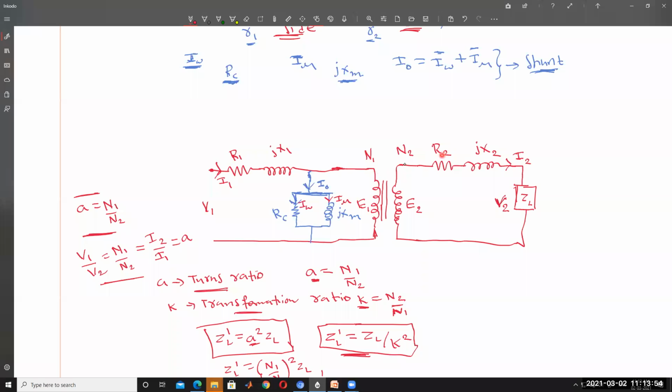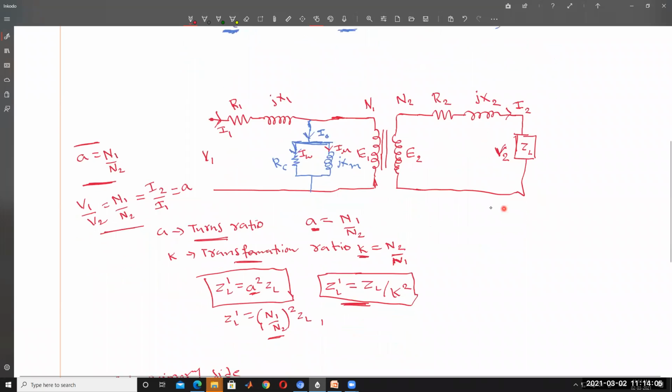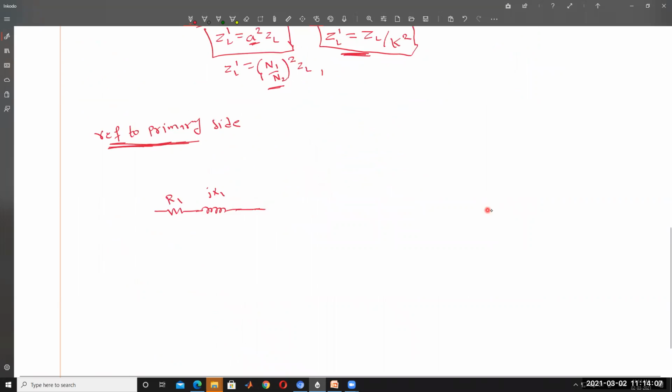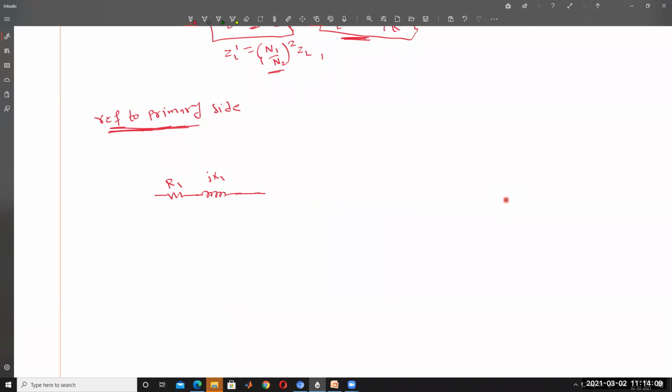So that will become R2 by K square, j into X2 by K square, and ZL by K square. Otherwise, R2 into A square, j into X2 into A square, and ZL into A square. Like this. So the primary side is as it is, no changes. Refer to the primary side.